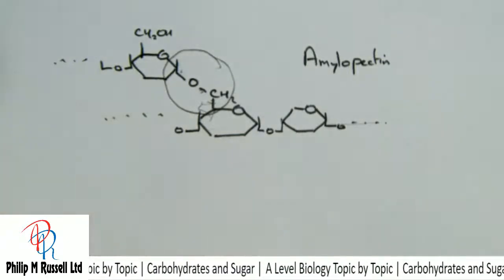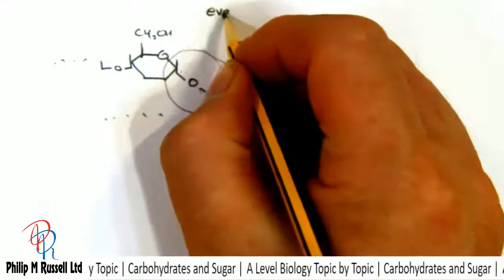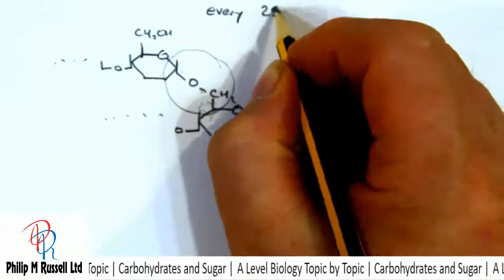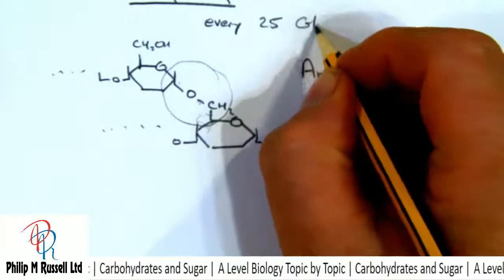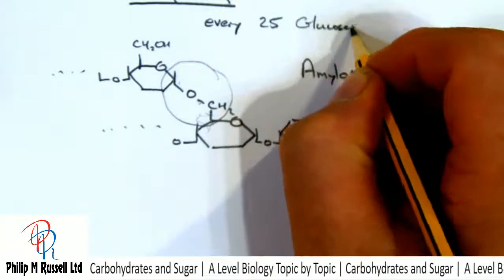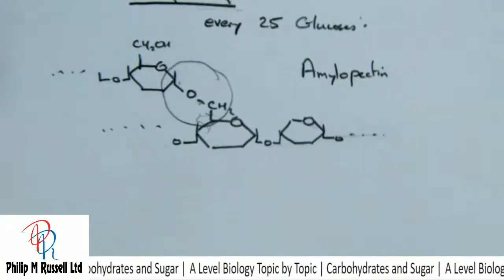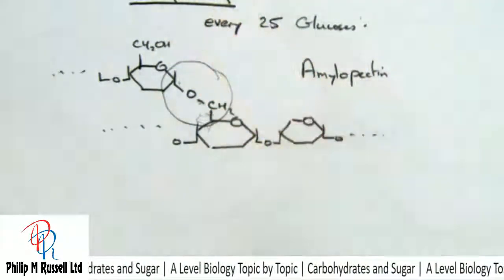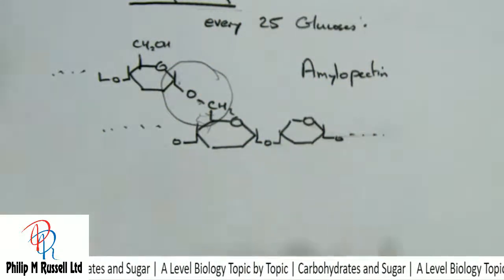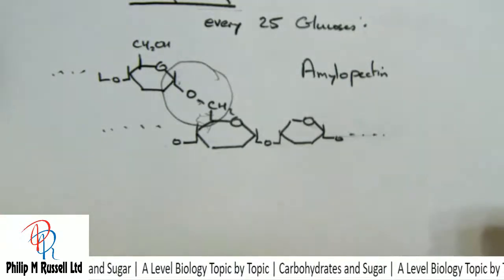And this occurs about every 25 glucoses. It's a very approximate number, but it can't sort of get these chains to fit in if they're any closer. It becomes way too unwieldy.